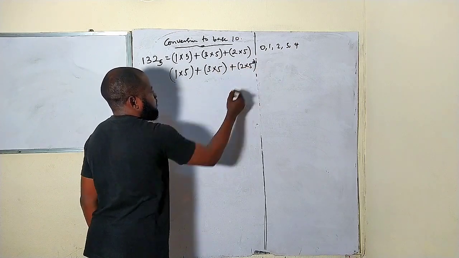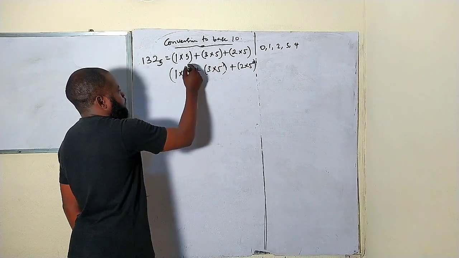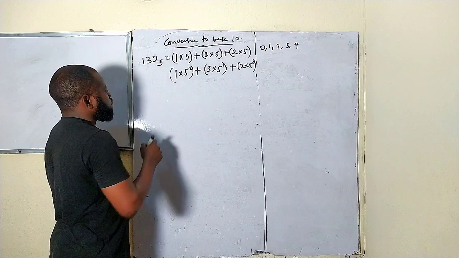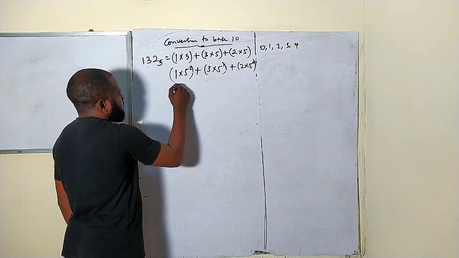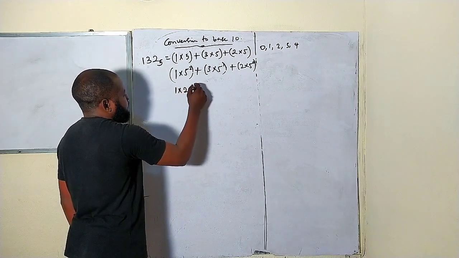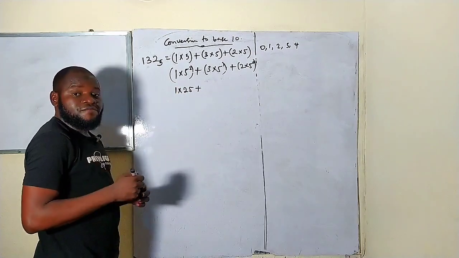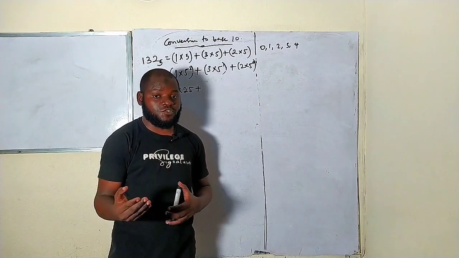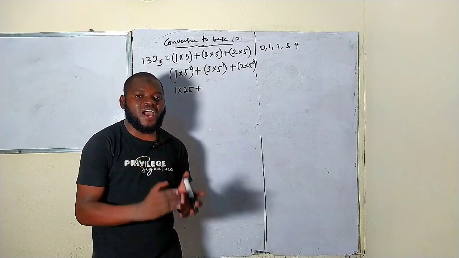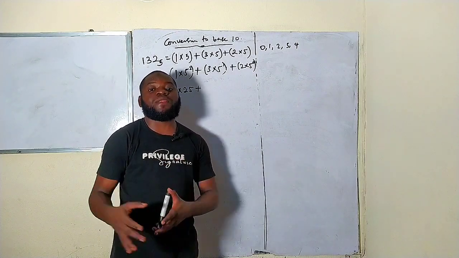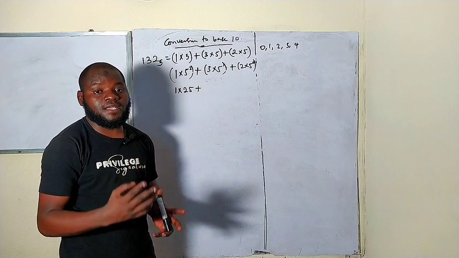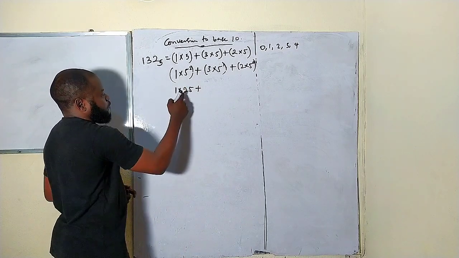You put this one to the power of 0, this one to the power of 1, this one to the power of 2. So this one becomes 1 multiplied by 25, because 5 raised to power 2 is 25. Now 5 raised to power 2 does not mean 5 times 2. 5 raised to power 2 means 5 times 5. It means 5 multiplied by itself twice. So that's why this gives us 25.